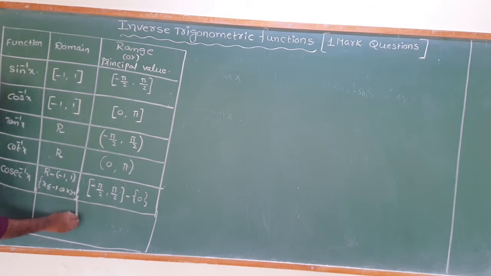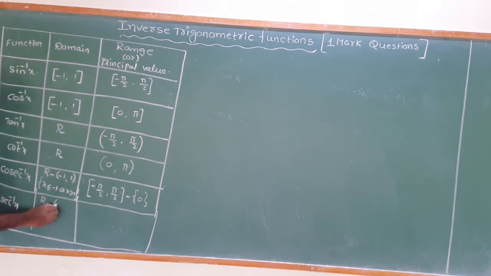The last function is secant inverse x. Same, we can write R minus (-1, 1), or you can write x less than or equal to -1 or x greater than or equal to 1.